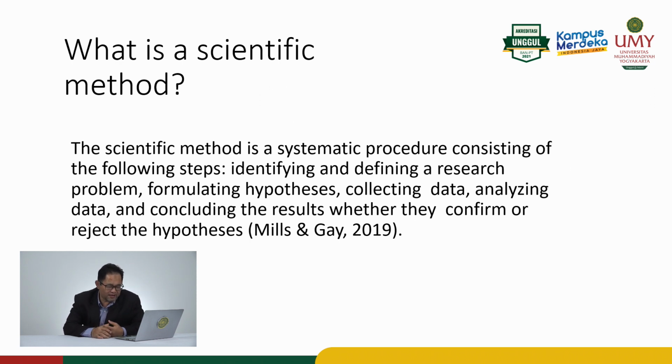According to Mills and Gay, 2019, the scientific method is a systematic procedure consisting of the following steps: identifying and defining the research problem, formulating a hypothesis, collecting data, analyzing data, and concluding the result, whether to confirm or reject the hypothesis. So this is the definition of the scientific method.